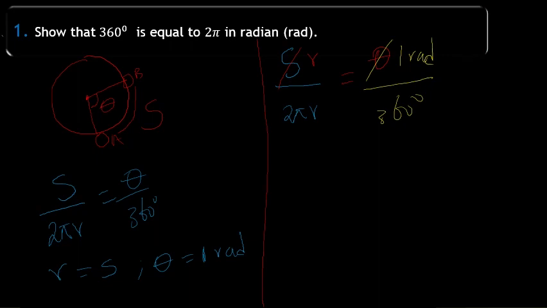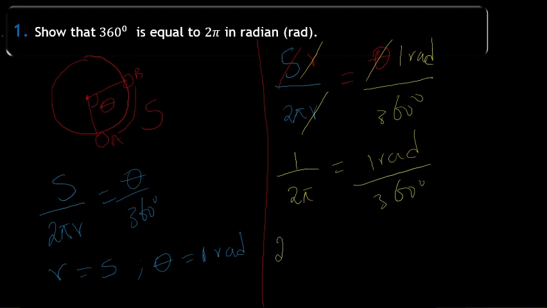The r takes care of r here, and we are left with 1 over 2 pi is equal to 1 rad over 360 degrees. If you work this out, it becomes clear that 2 pi rad is equal to 360 degrees, and that is it.